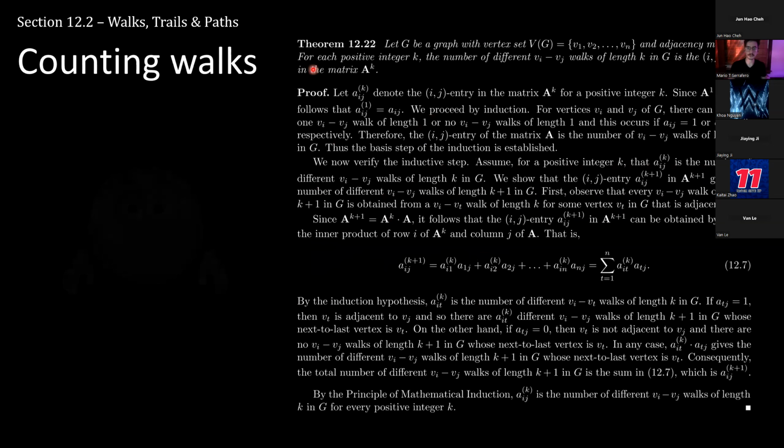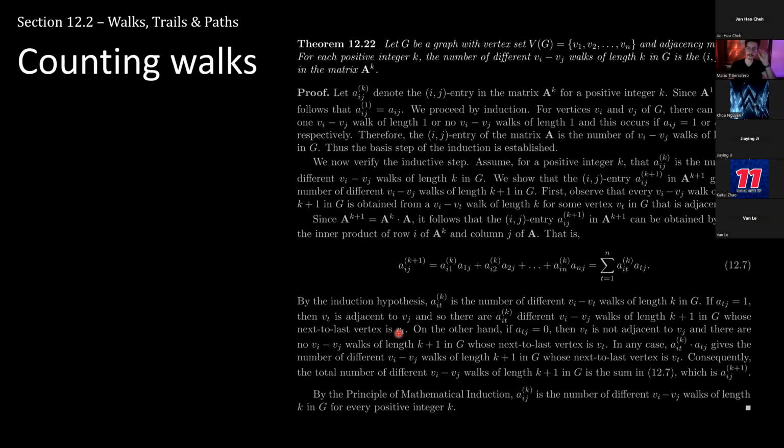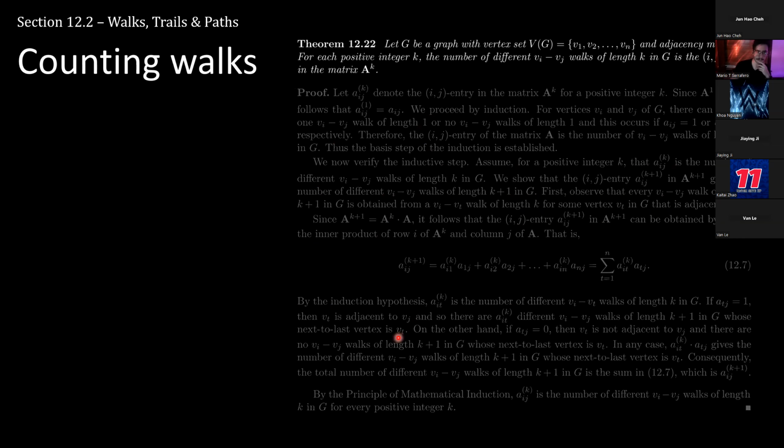Okay, counting walks. This counting walks one is a theorem, and I'm actually not going to go through the proof because it's pretty long. It's not very intuitive and I don't think it's very useful, but you can look at it in your own time.